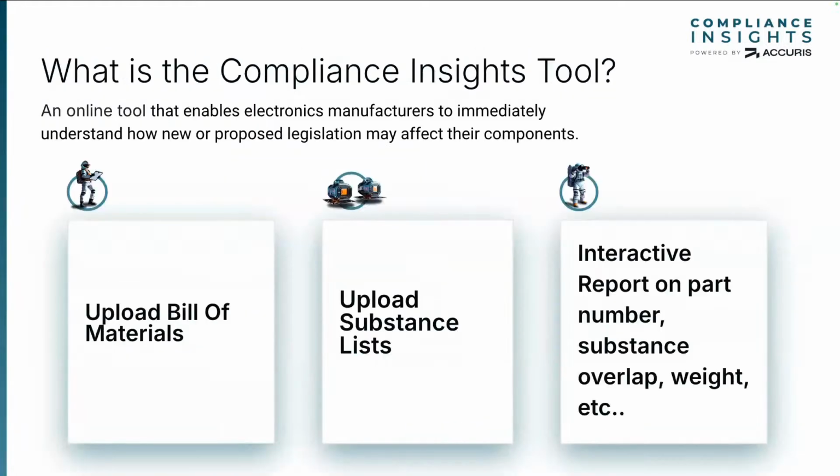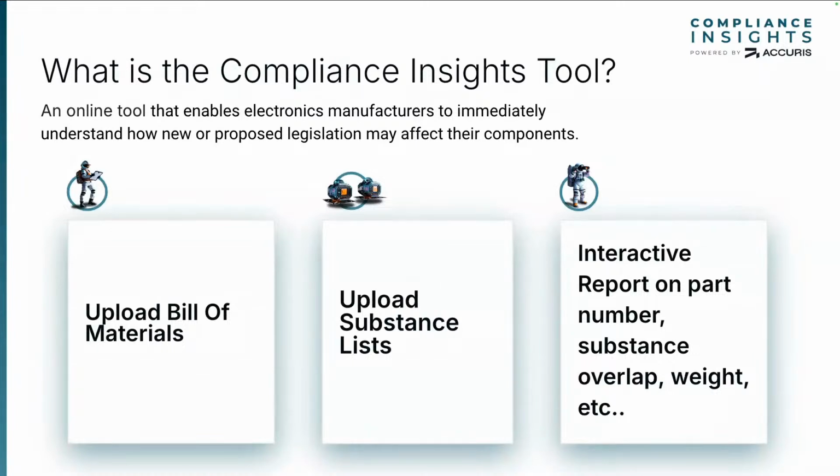So what is the Compliance Insights tool? It's an online tool that enables electronics manufacturers to immediately understand how new or proposed legislations may affect their components. And it's pretty simple. Upload your part list, your bill of materials, your products, and then upload a substance list of interest, in this case, PFAS substances with a CAS number.